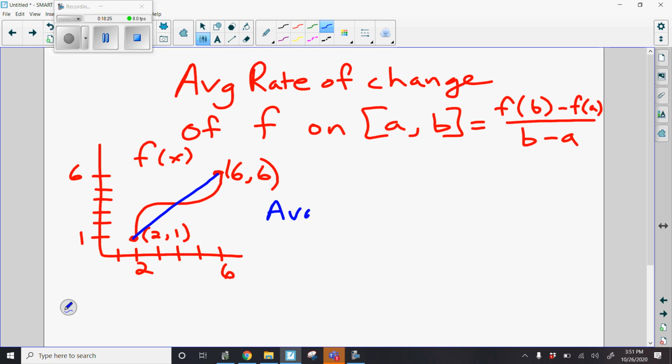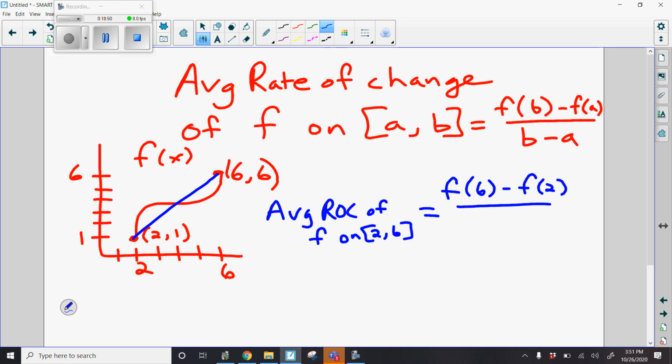Our average rate of change of f on this interval here, it's going to be on the interval 2 to 6. Right, that's like my A and my B here. This will be f of 6 minus f of 2.